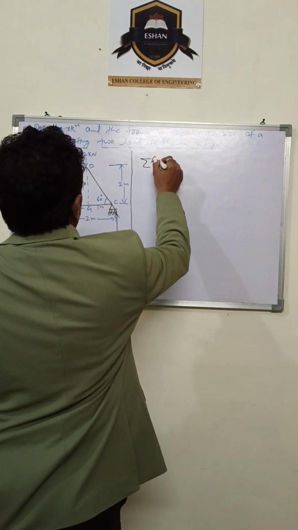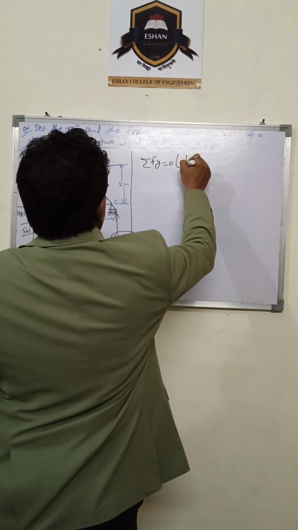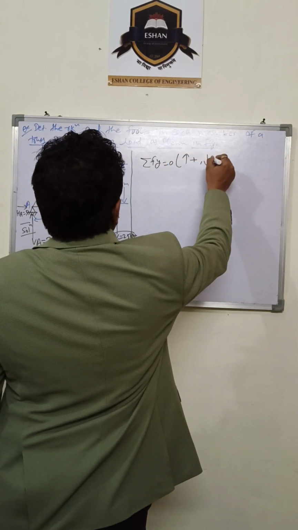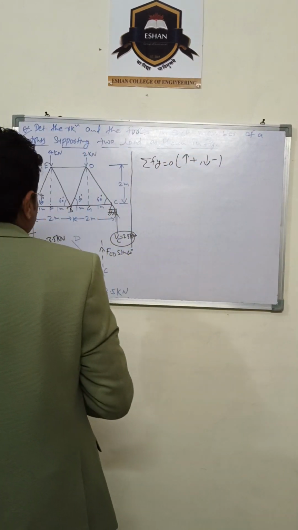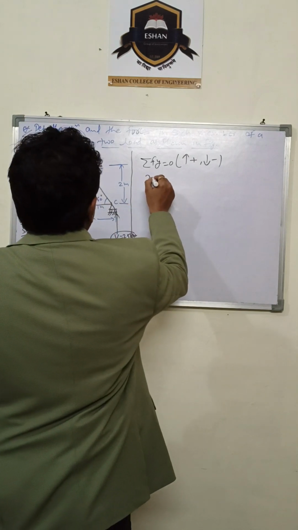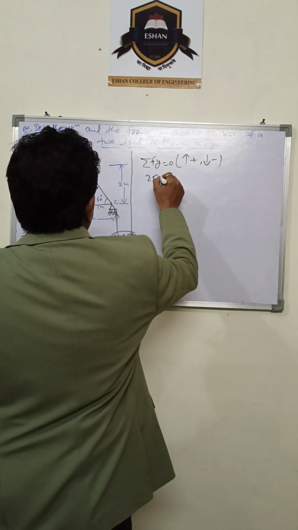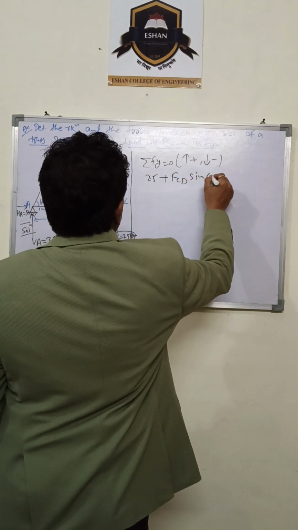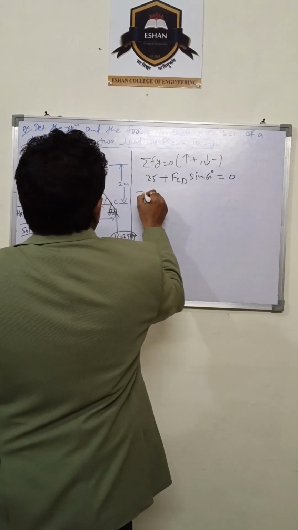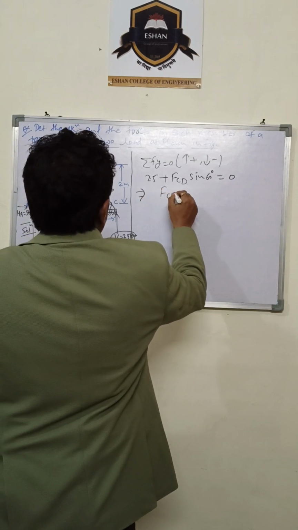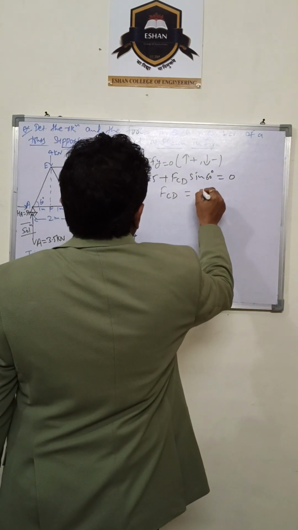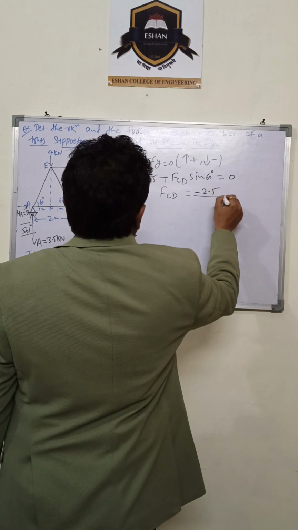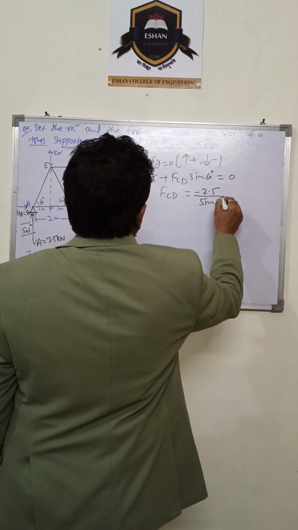Summation of Fy equal to 0. Upper is positive and down is negative. Considering all forces, down to up, that means 2.5 plus FCD sin 60 degree equal to 0. Right, so FCD equal to minus 2.5 upon sin 60 degree.